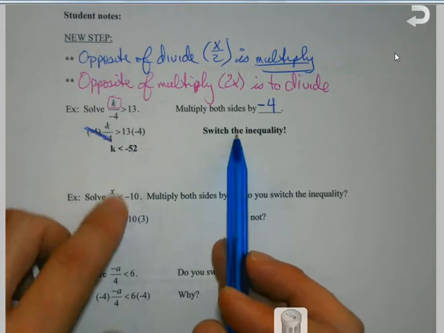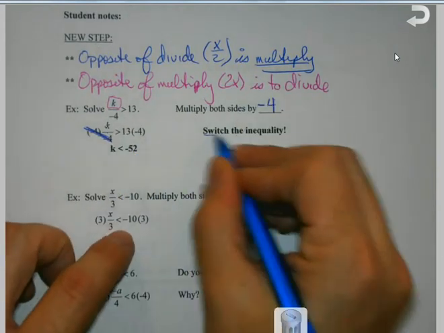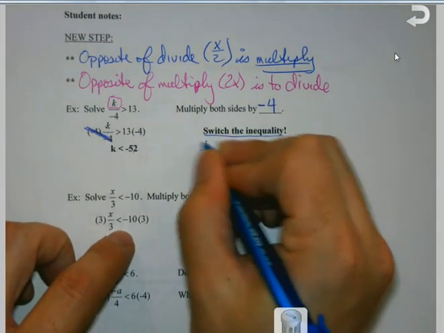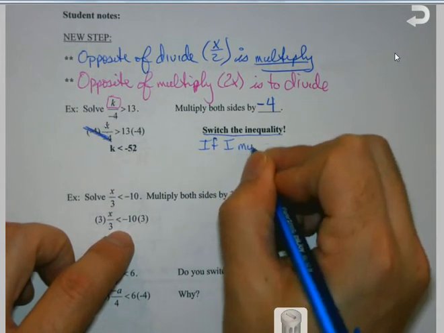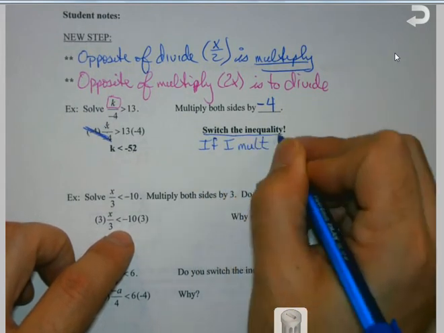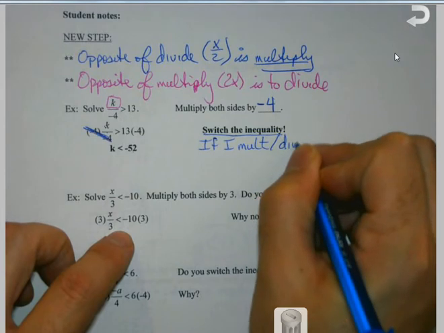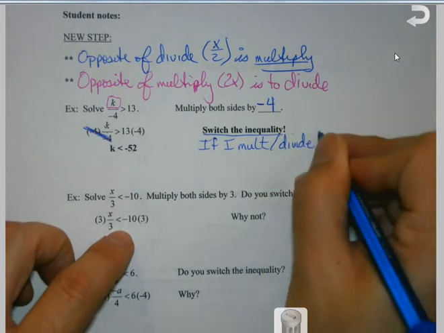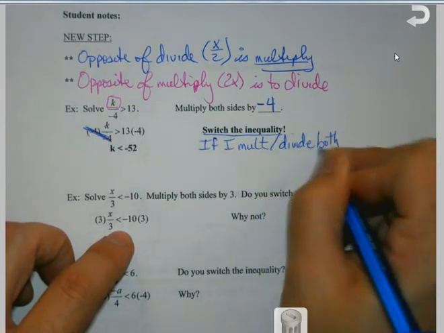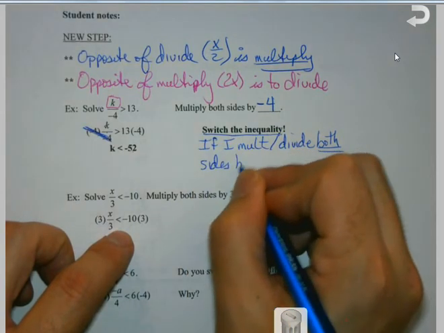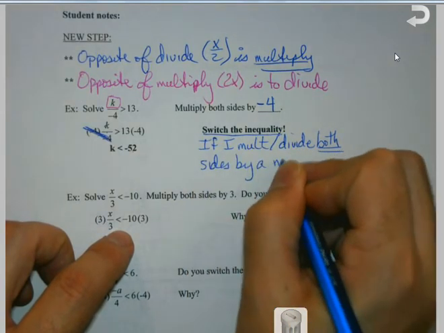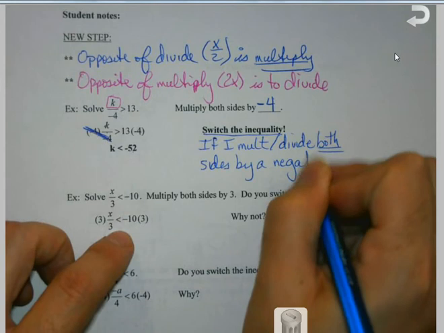Oh, switch the inequality. We're going to switch the inequality if I multiply or divide both sides by a negative number, sort of like what we mentioned on the front.